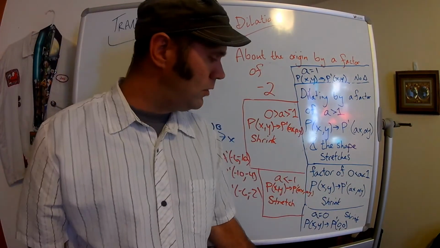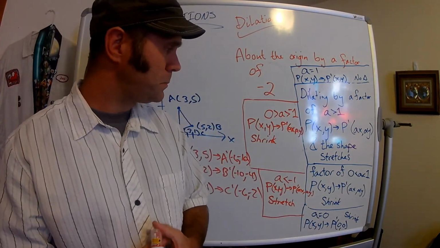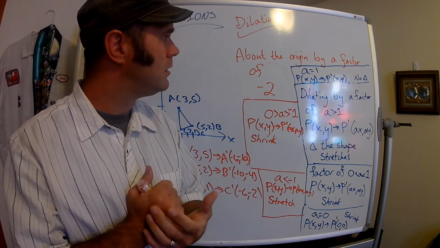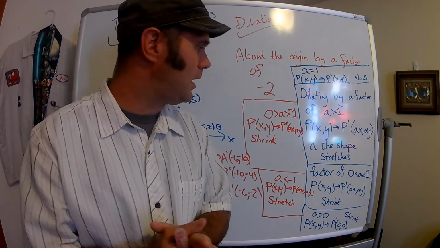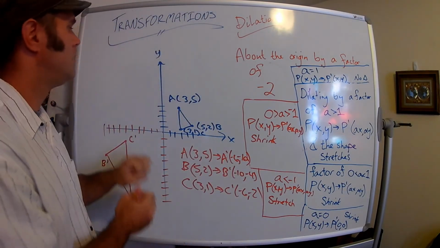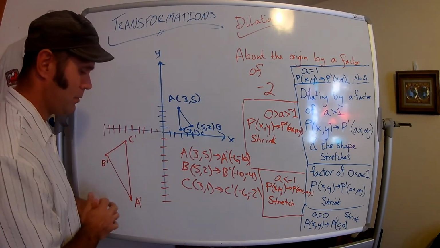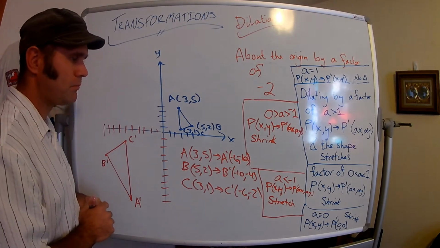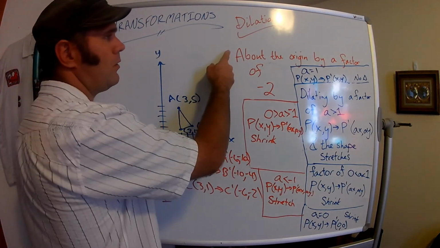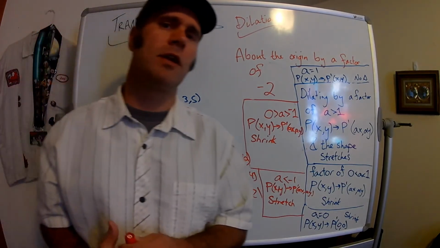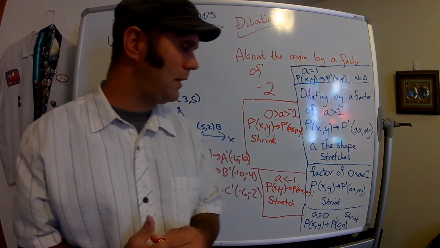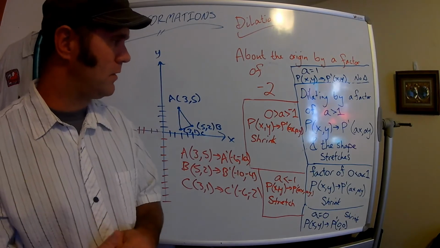So the rules are kind of interesting here, but I think our focus should be on the fact that we can dilate any shape about the origin by any factor that you're given. There's not a limit to which number you're given.